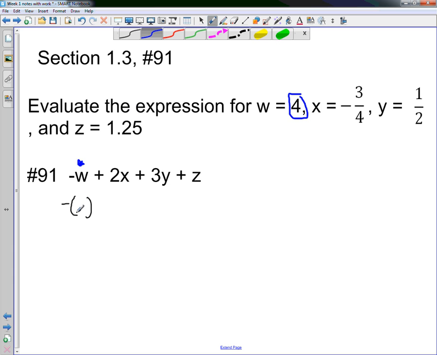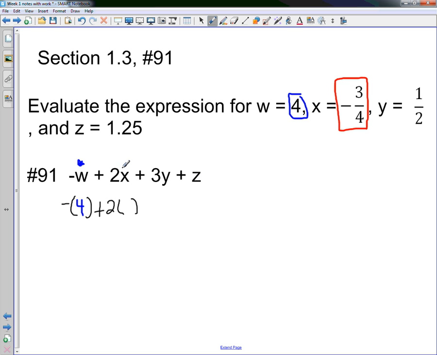Notice how I use parentheses. Anytime you plug a number in when there's a sign on it or a coefficient, you want to use parentheses. Plus 2 times my x, and my x value is negative 3/4.